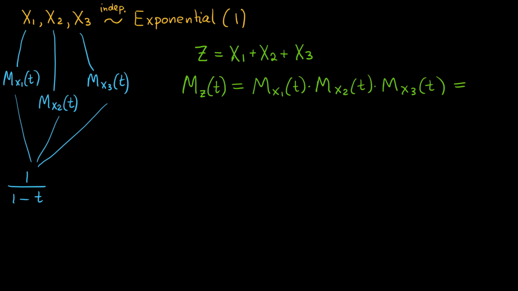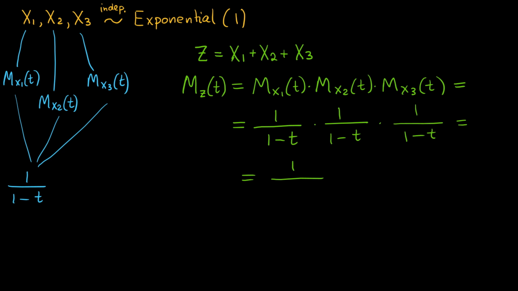So if we want the moment generating function of the random variable z, we just have to multiply out these moment generating functions, and each of these equals 1 over 1 minus t, and that of course could be written alternatively as 1 over 1 minus t to the third power, and we are done. This is the moment generating function of the random variable z.